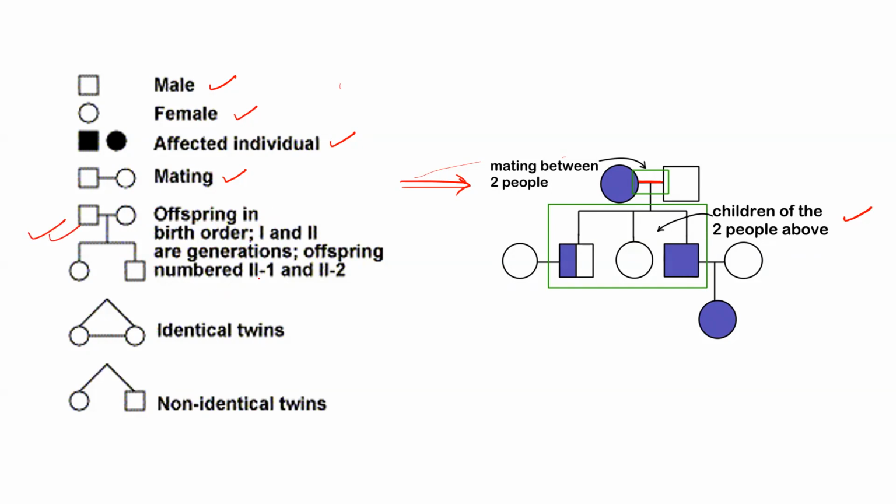Offspring numbered 2-1 and 2-2. This symbol is for identical twins and this symbol is for non-identical twins. You don't need to mug up these things actually. As you keep on practicing pedigree analysis, you will become familiar with these symbols and terms.